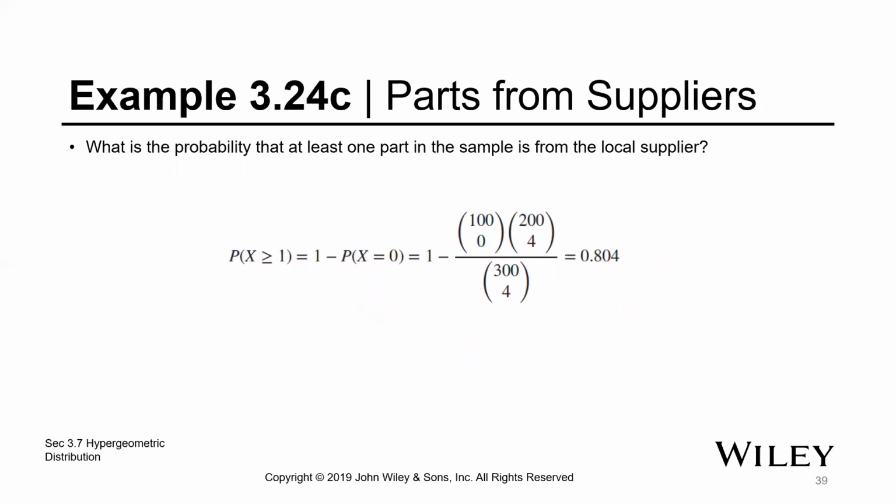And probability of 1 is the probability of 1 out of 4. But when it's only asking for probability of at least 1 part, you might as well just take the probability of 4 from the other and only do the math.